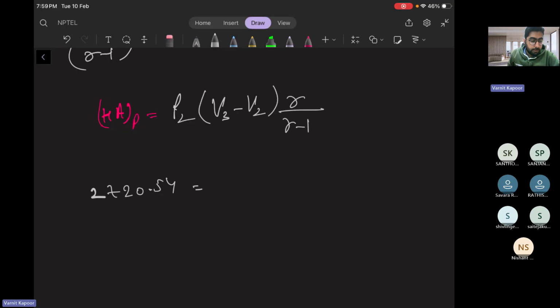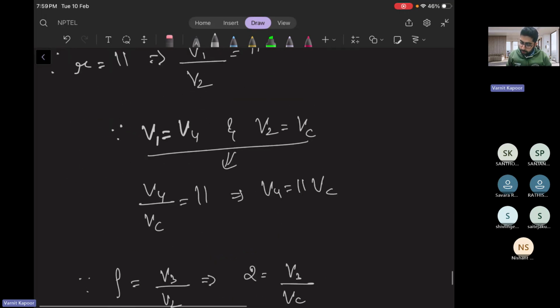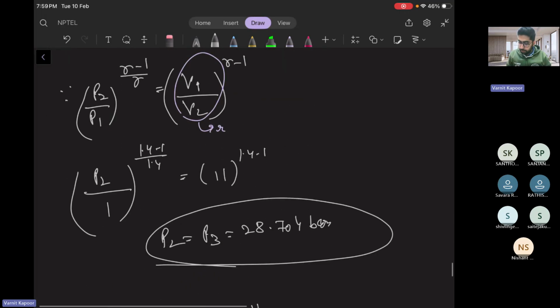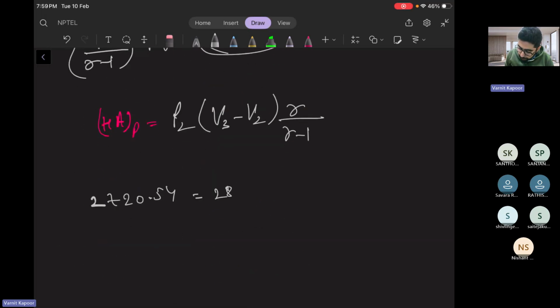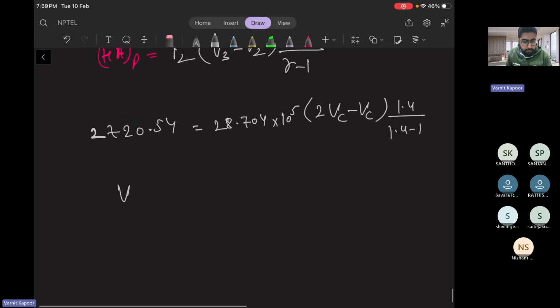P2 we have already got, 28.704 into 10 to the power of 5, because it was in bar, times (2Vc minus Vc), 1.4 by 1.4 minus 1. So from here you will get the clearance volume as 27.079, or you can write it as 0.027 meter cube.